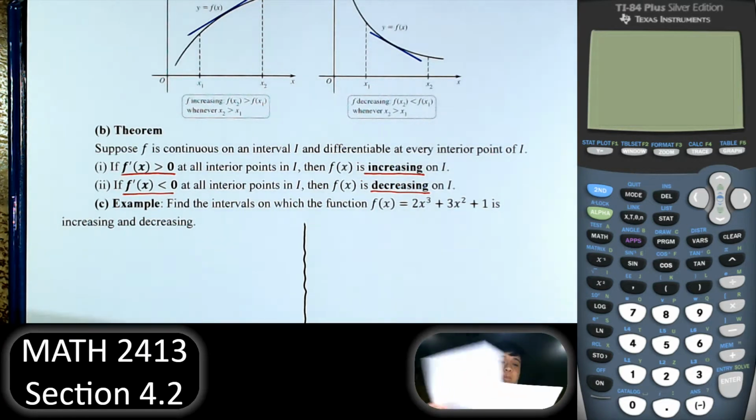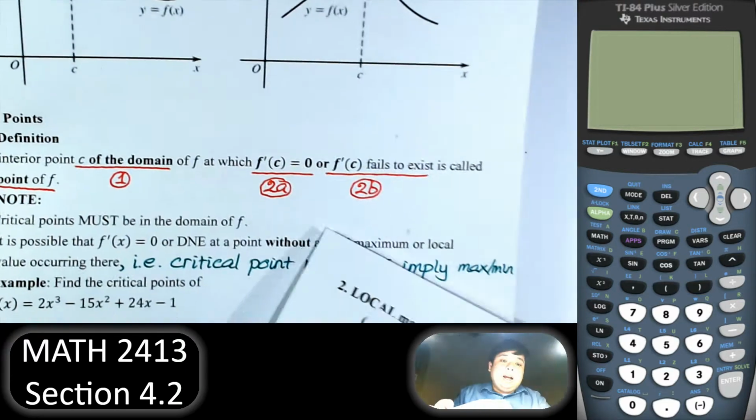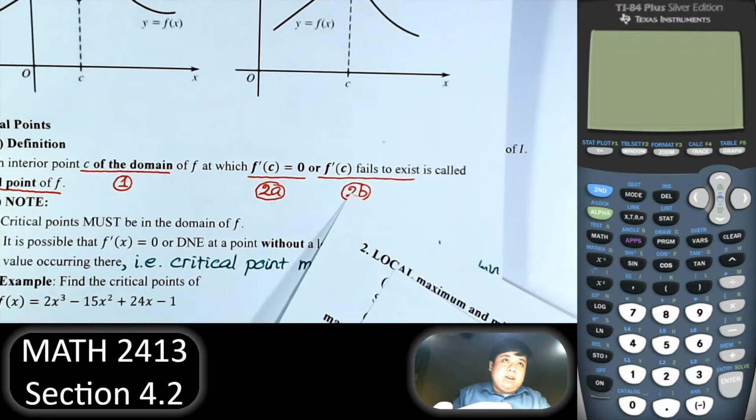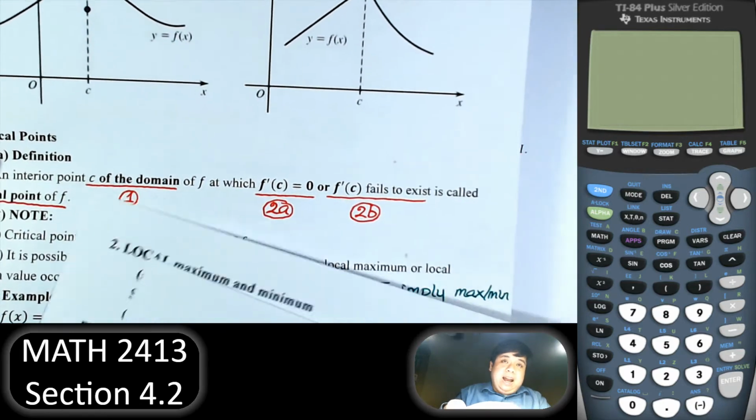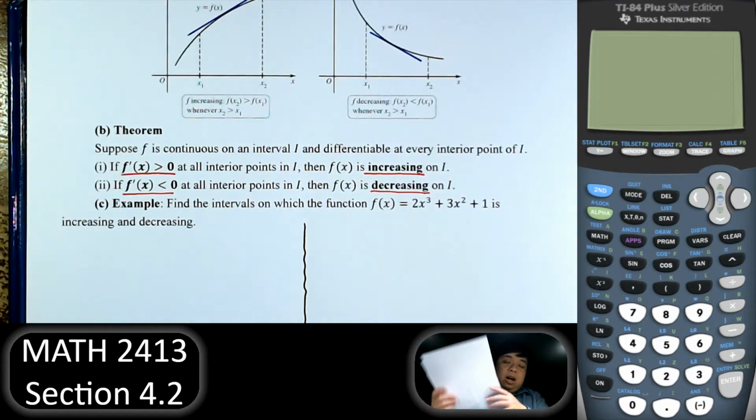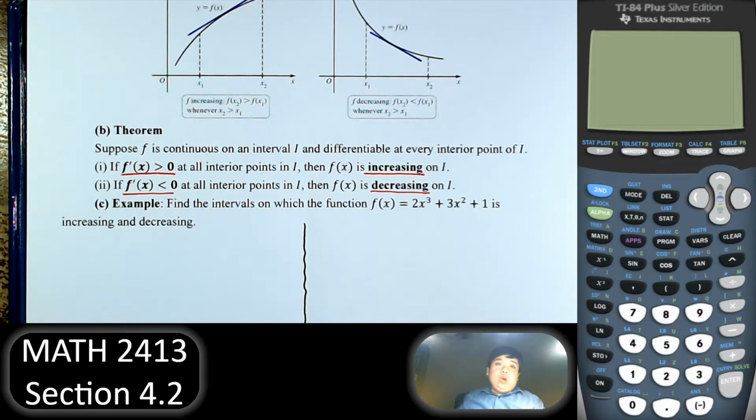As related to the previous section, section 4.1, when the derivative is equal to 0 or the derivative does not exist, and it is in the domain, then we're talking about the critical points. So exactly that's what we do here. We find where the derivative does not exist and where it equals 0, and after that we can determine where it is positive and where it is negative.